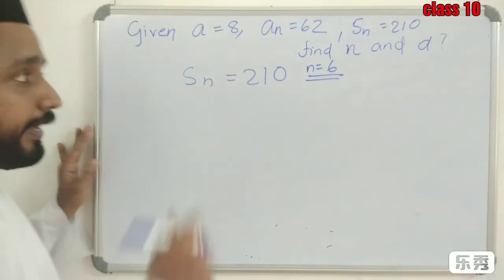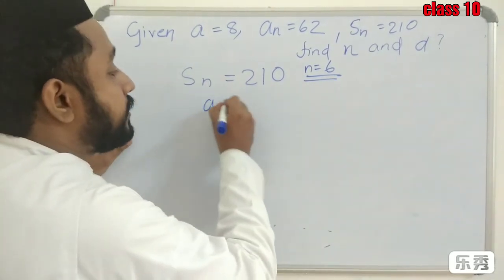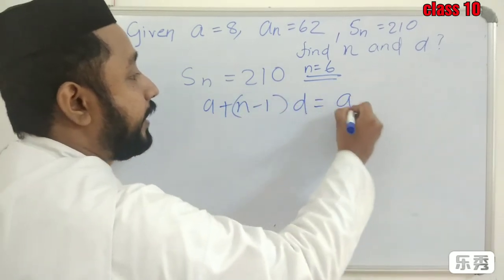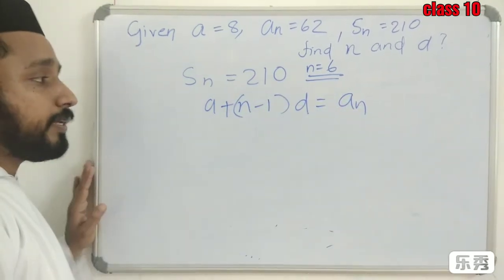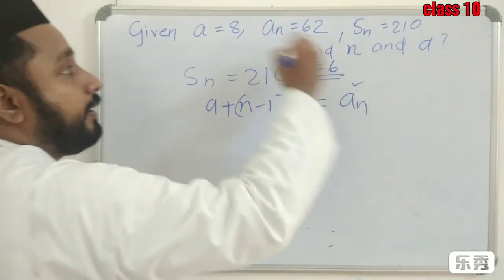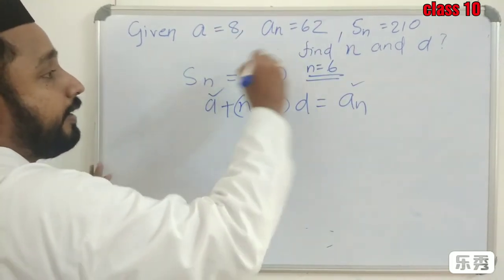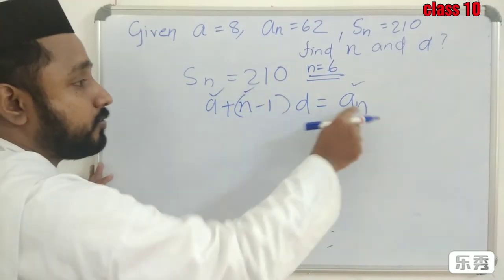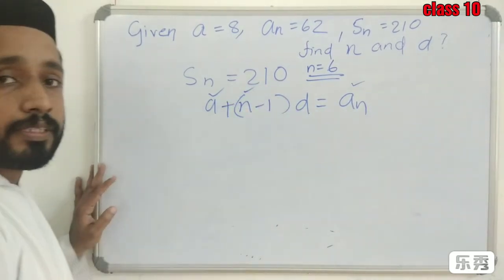We know the formula. a_n is equal to a plus n minus 1 into d. So a plus n minus 1 into d is equal to a_n. We know a_n, we know a, and we know n. So we know these three values, so the value of d we can easily find.